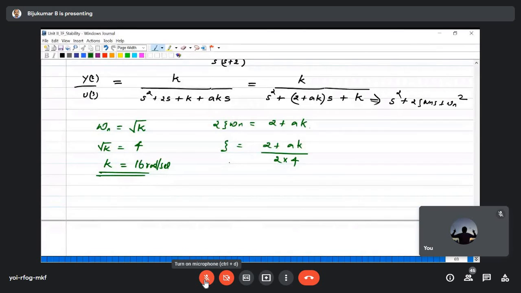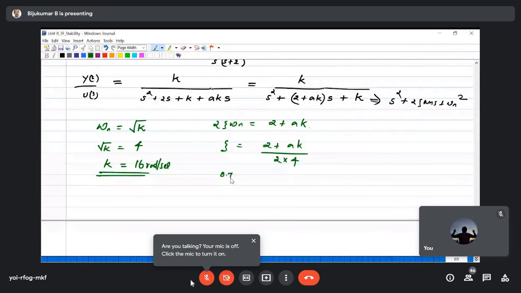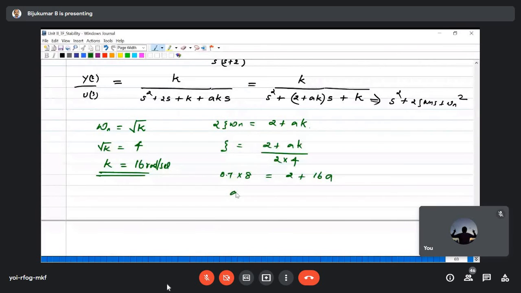Given zeta is equal to 0.7, our aim is to find A. It can be written like this: 0.7 into 8 equals 2 plus 16A. A becomes 0.225. Yes, it is correct.